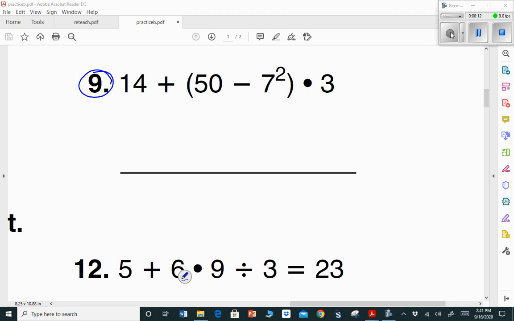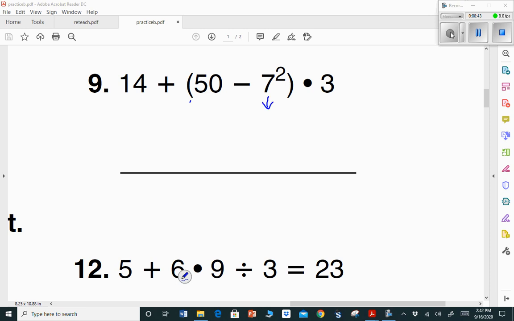We've got parentheses again, but what's in the parentheses is a little more complicated. So what you're going to do with that is treat the parentheses, don't cross this out like I'm doing, but treat the parentheses as if they are the entire problem. So if you have subtraction and an exponent, which one would you do first? You would do the exponent first.